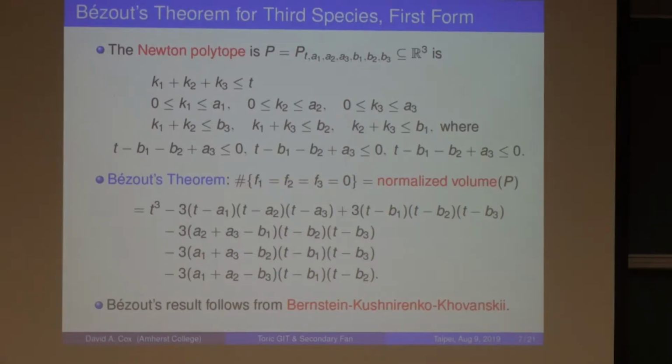So that is a result of Bezout. I'd like to say it's a theorem of Bezout, but when you look at Bezout's proof, it's flaky by modern standards. And yet the result is completely correct.